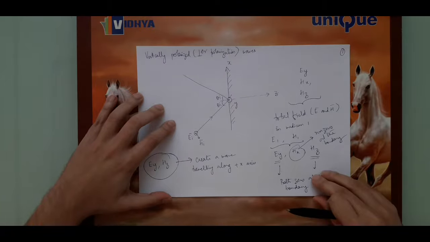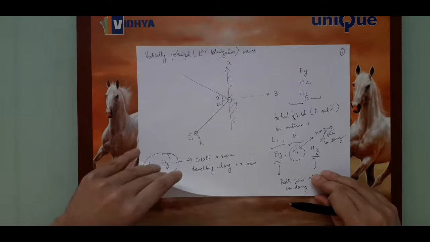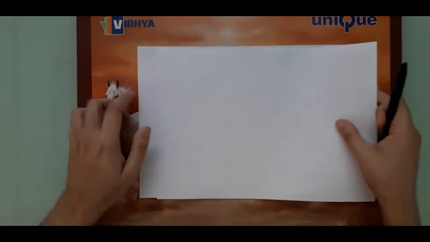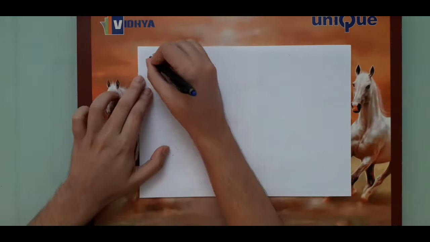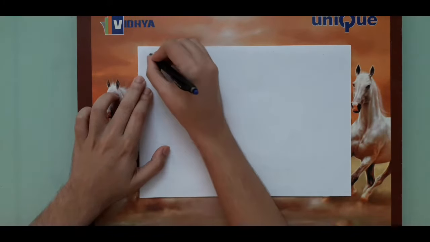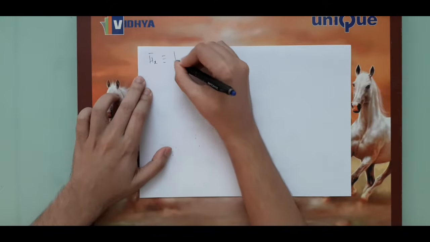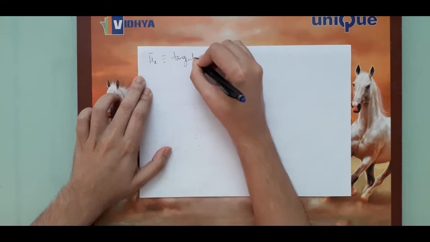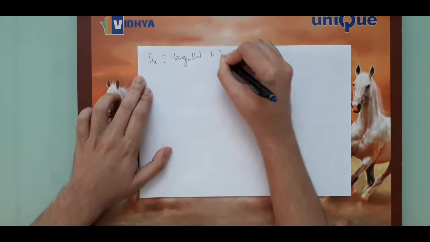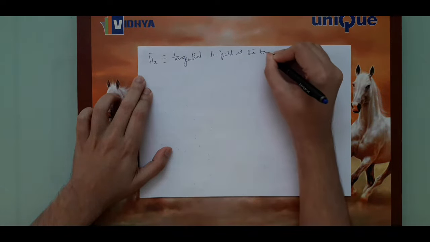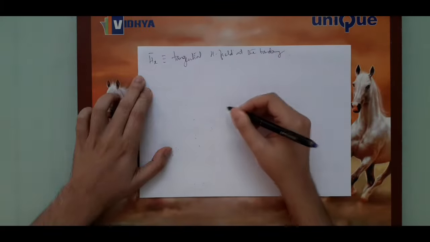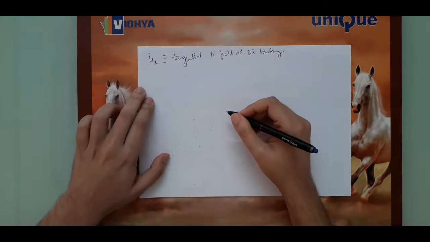So if you recall the expression that we had derived for Hx, Hx is the tangential H field at the boundary. So there must be some surface current which is generated.